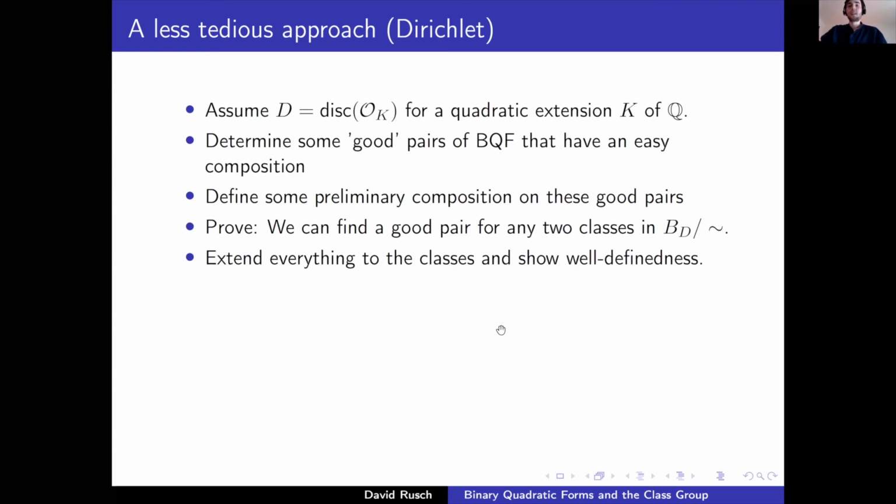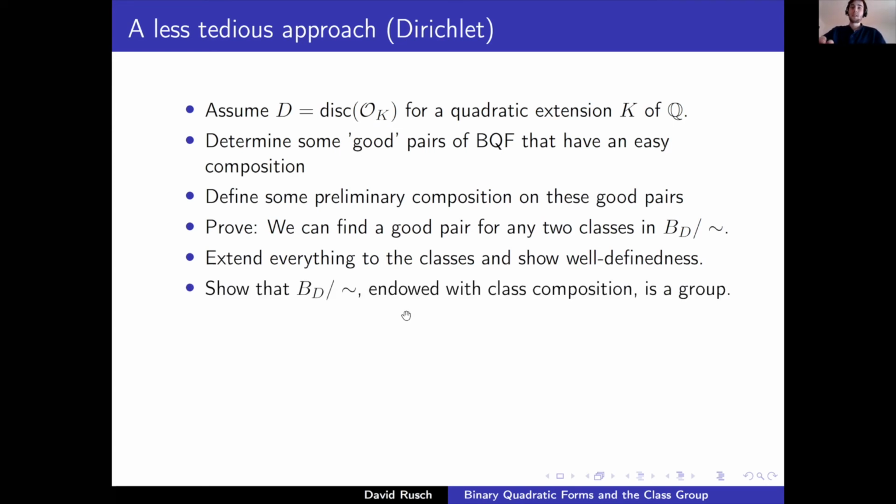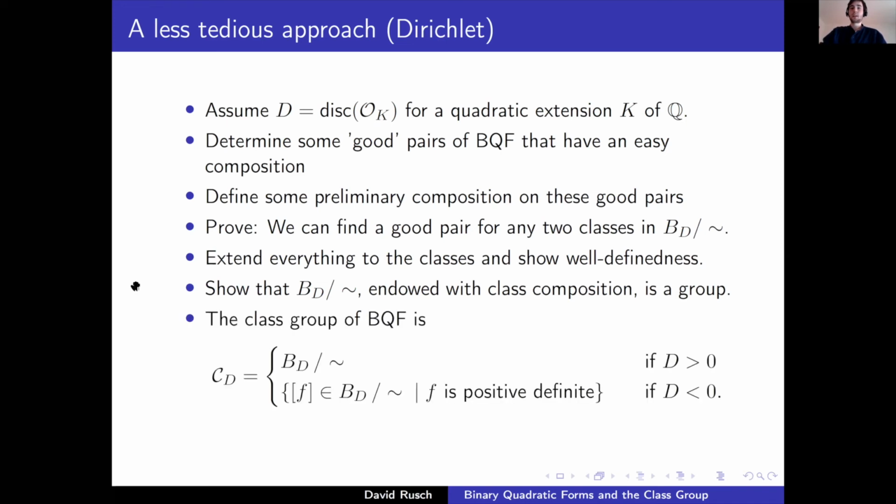Okay, and then you can actually show that now this extended composition on the classes defines a group composition, and we can also then restrict this group further to the group we actually want. So we define the class group of binary quadratic forms. It's just exactly this group if the discriminant is positive.